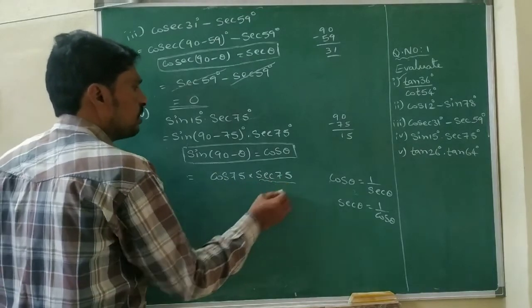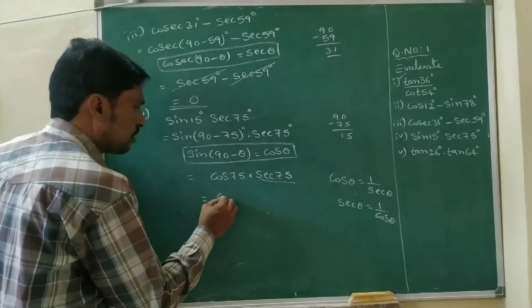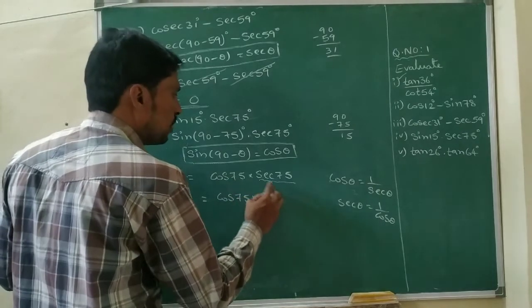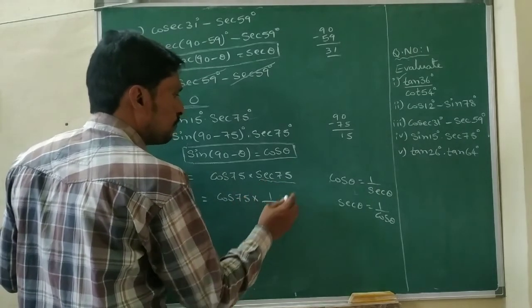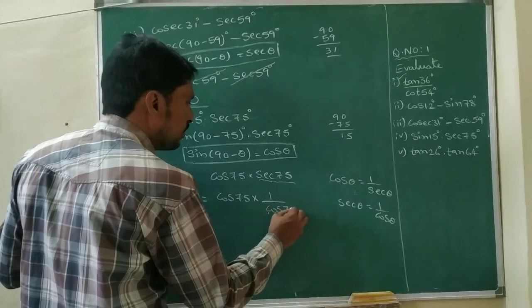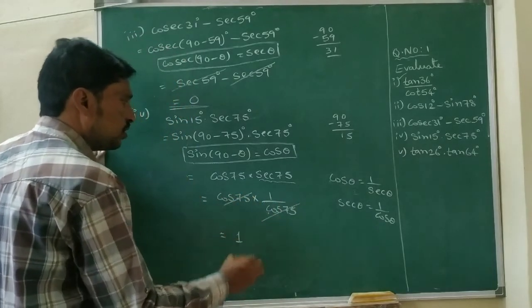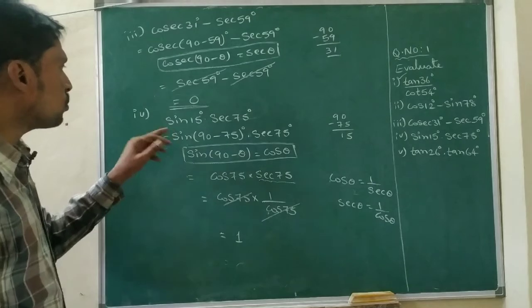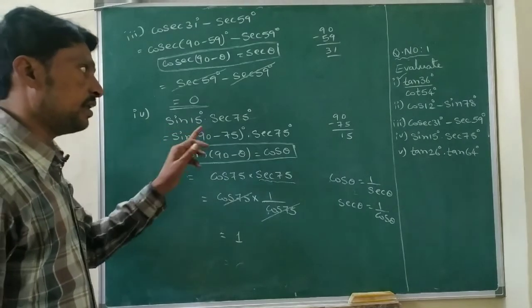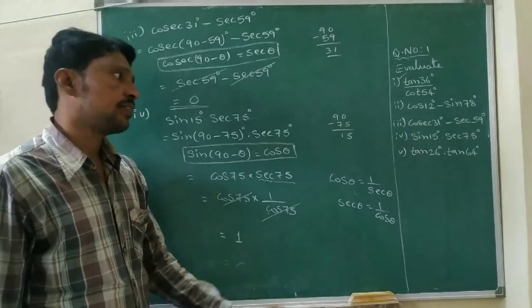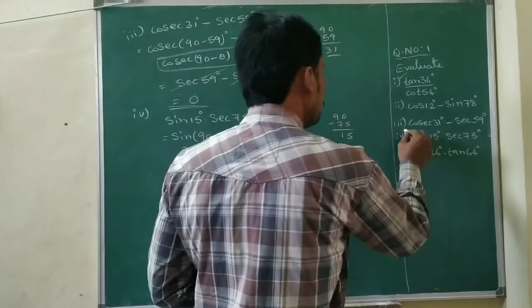I am changing sec 75: I take cos 75 as it is into 1 by cos 75. So cos 75 gets cancelled, and we get 1. So sin 15 degrees into sec 75 degrees equals 1. This is the fourth problem.